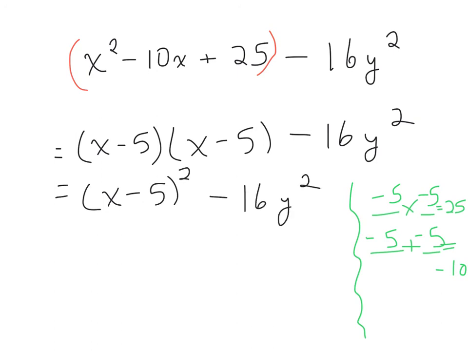So now this is quickly taking the shape of a squared minus b squared, where a squared is x minus 5 all squared, and b squared is 16y squared.